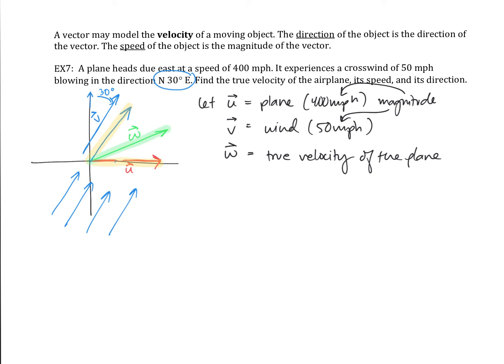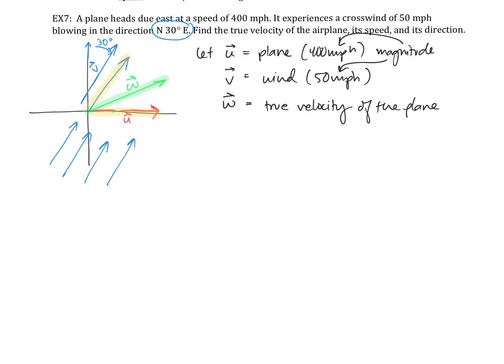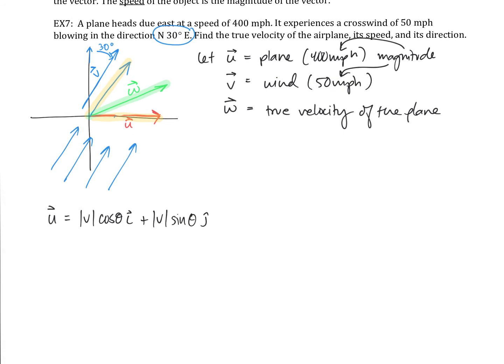Alright, so what do we need now to find everything out? Well, for the formulas for u and v, u is going to equal the magnitude cosine theta i plus the magnitude sine theta j. You can do the hat or you can do the arrow.